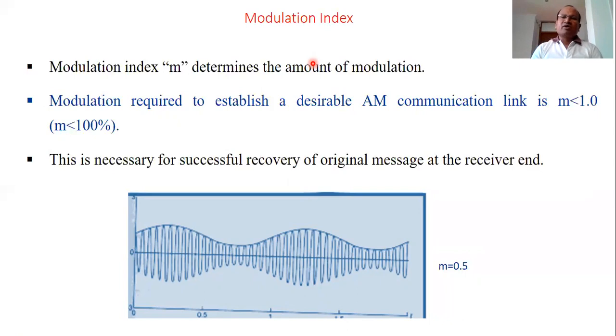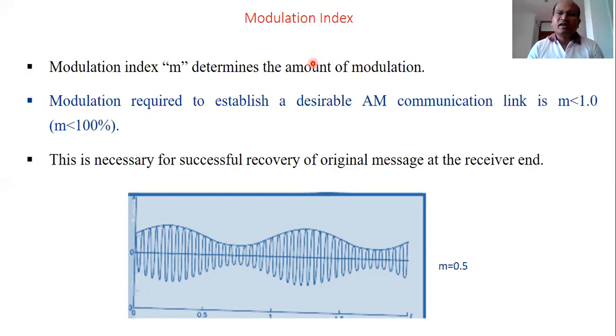We have also seen that the modulation index is defined as Am by Ac, that is the maximum amplitude of the message signal divided by the maximum amplitude of the carrier signal.